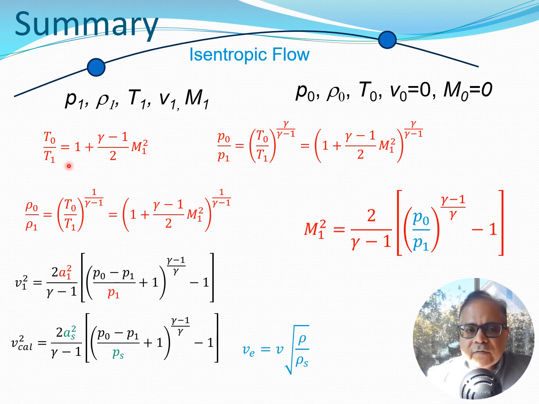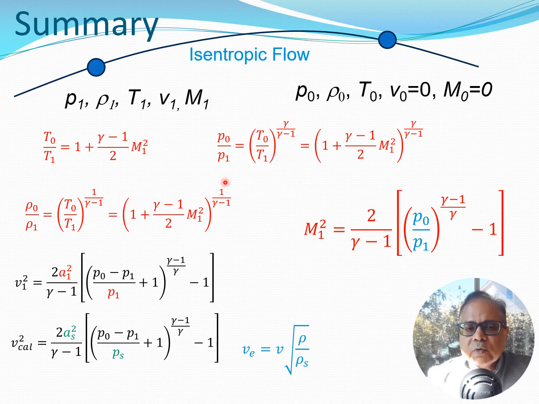So the equations we got relating temperature are here. T0 by T1 is 1 plus (gamma minus 1) by 2 M1 squared. So this is the most important equation to remember, and if you remember the isentropic flow relations, you can immediately write the other two equations.